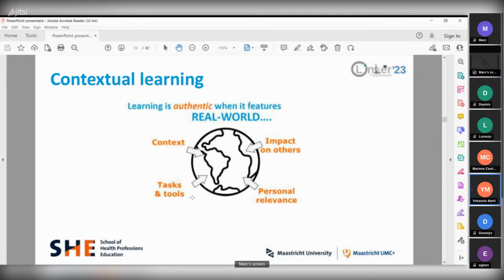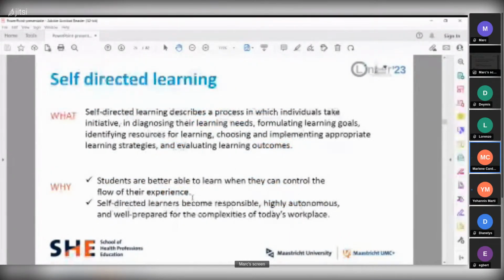The next learning principle is self-directed learning. I'm going to give you a moment again to think about a benefit of self-directed learning. So self-directed learning means a process in which you take the initiative yourself and see what you need to know and formulate learning goals.